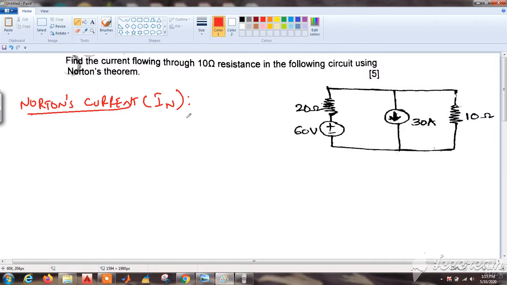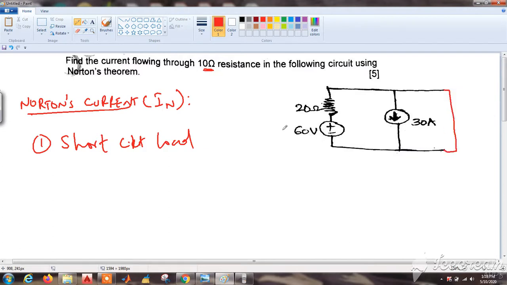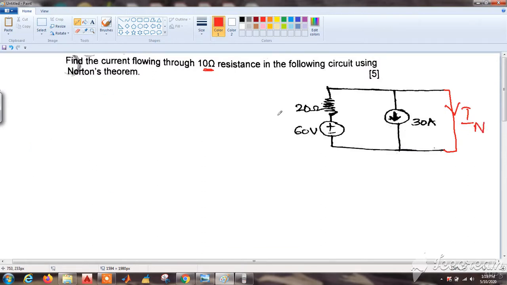Now coming to In, the first step is to short our load. So 10 ohms is our load, and we have to short it like this. Now we have to calculate the current flowing here, which will be our In. For solving In, first let us take KCL at this node. Let this node be N. Applying KCL, Kirchhoff's current law, the sum of currents going into the node is equal to the sum of currents going out of the node.